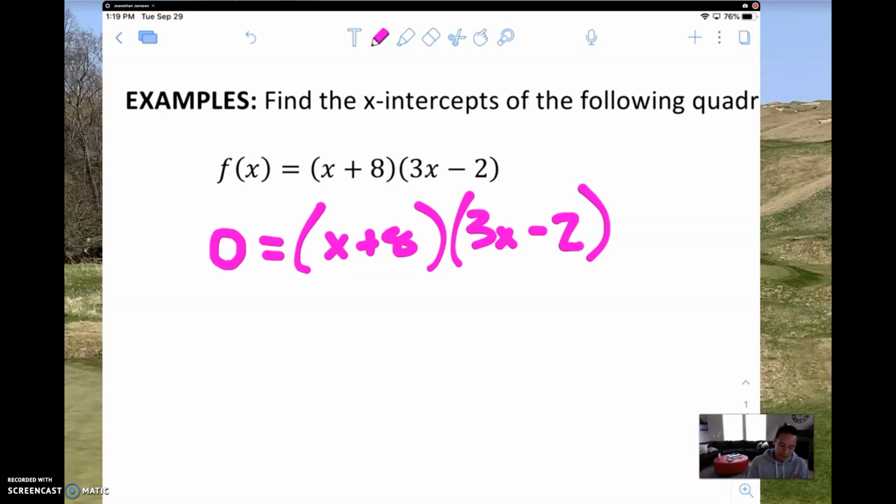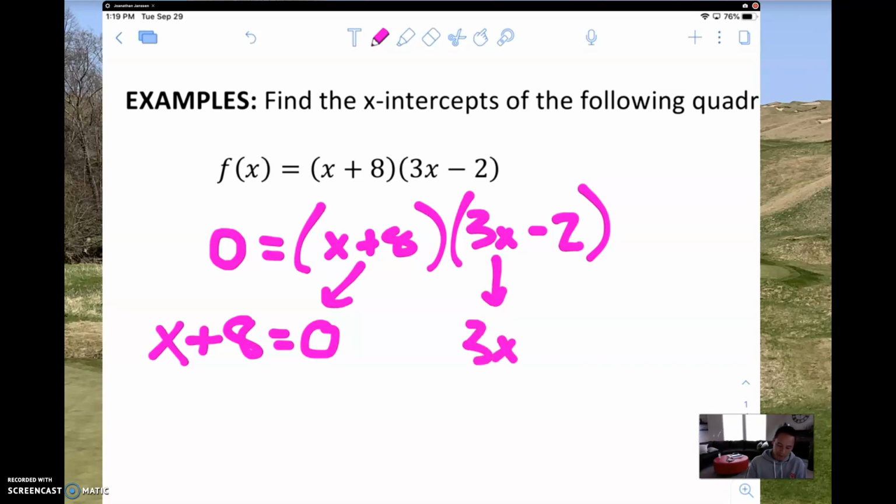And we're going to set up 2 equations for that. So we have x + 8 = 0. I'm going to set up one equation there, and I'm going to set up another one here: 3x - 2 = 0. And we're going to find what values of x I could plug in to make it 0. For this first one, just subtract 8 from both sides, and we get x equals negative 8.